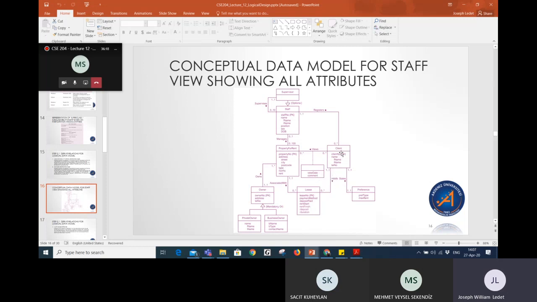And so anytime that a client views a property, an entry gets put in that table, okay? And what happens is the primary keys from each of these tables, the combination of the client number with the property number, becomes the primary key for this table, okay?